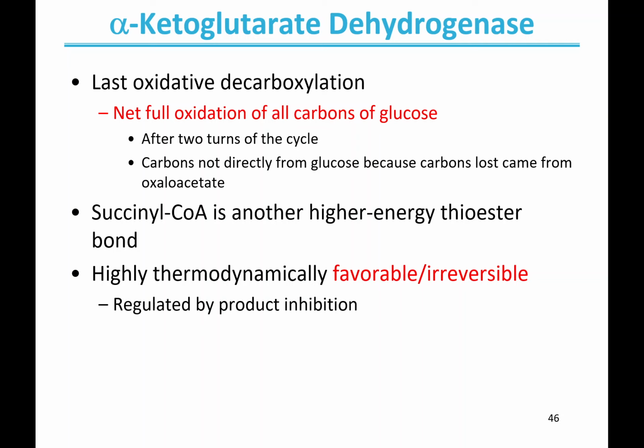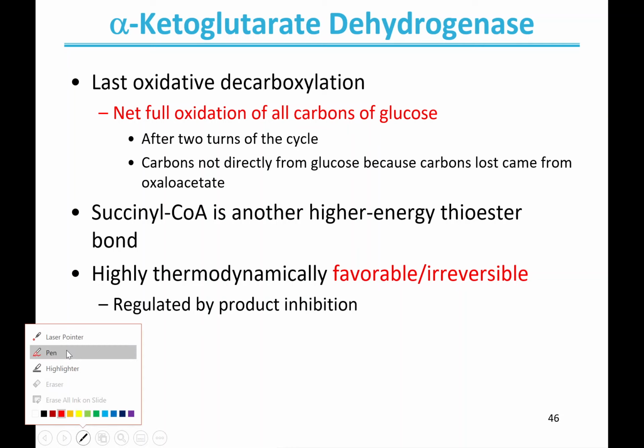When 2 acetyl-CoAs go through the citric acid cycle, you're also going to lose 2 more CO2s from each. So you add those up, 4 plus 2, that's a total of 6 carbons that were lost. If you're following 1 acetyl-CoA, you're going to lose 4 carbons after 2 turns of the citric acid cycle. So there's some kind of record keeping involved there.